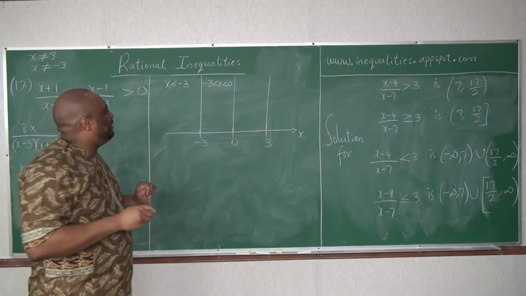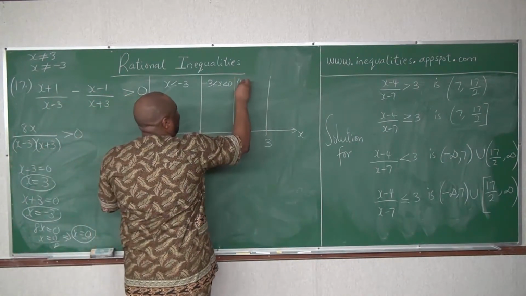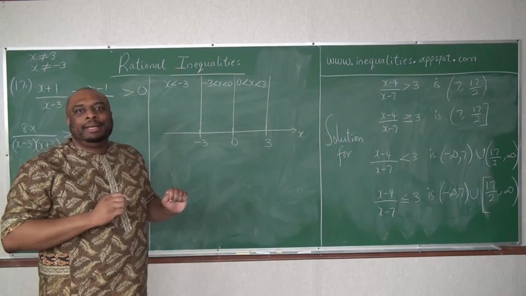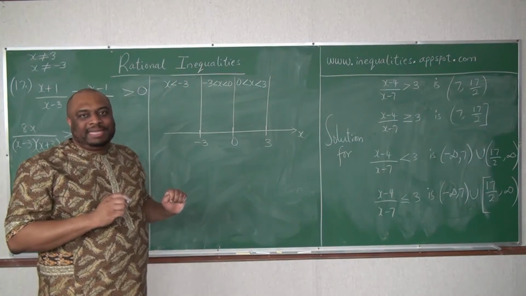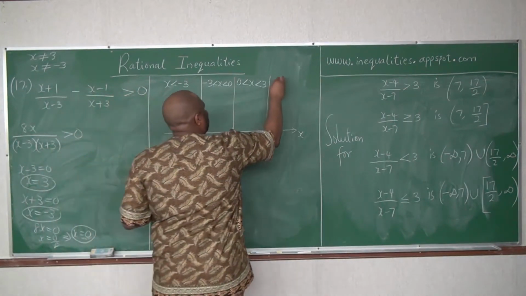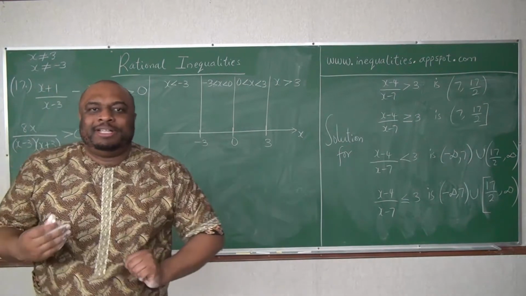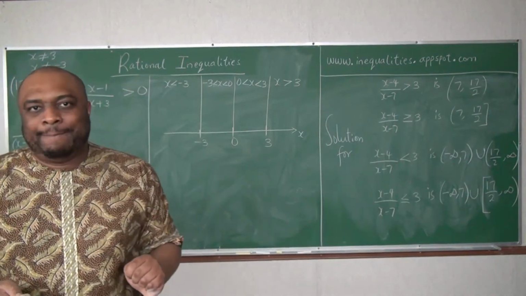Third test interval is 0 less than x less than 3. And the fourth test interval is x greater than 3. 3 test points, 4 test intervals.